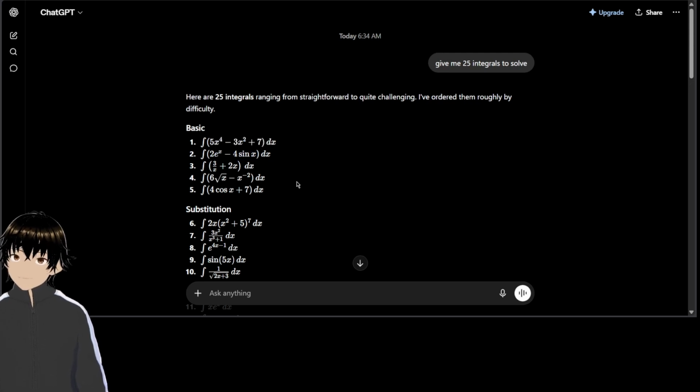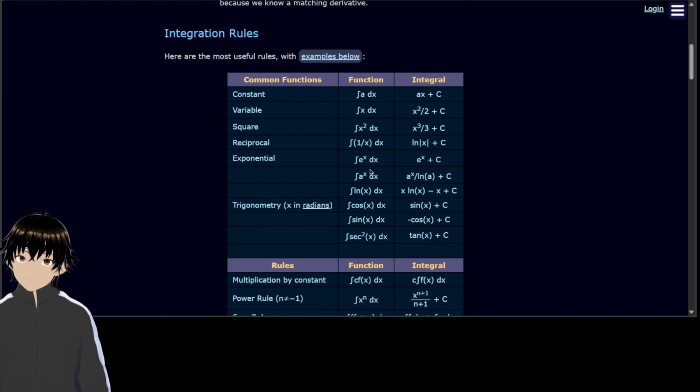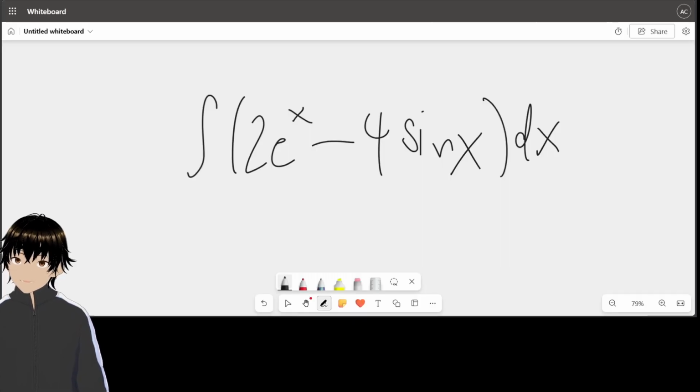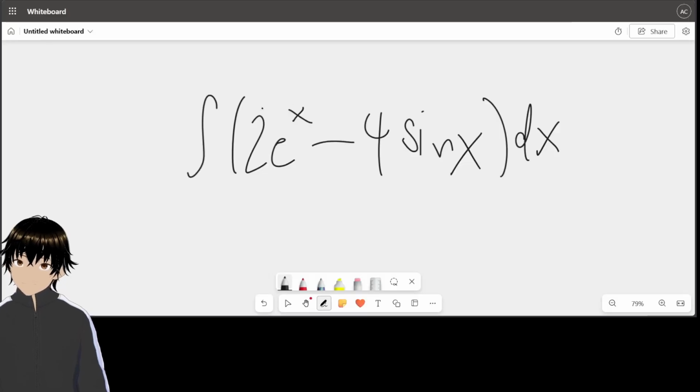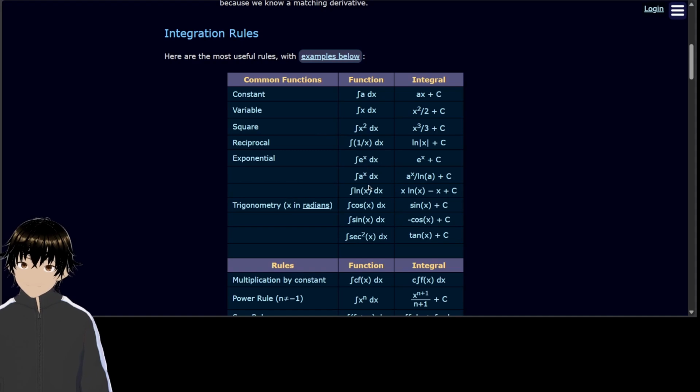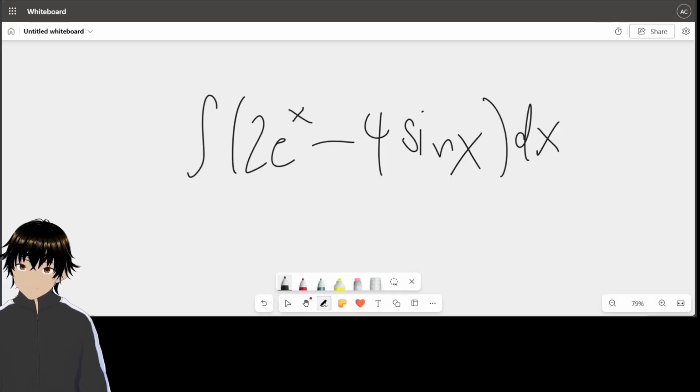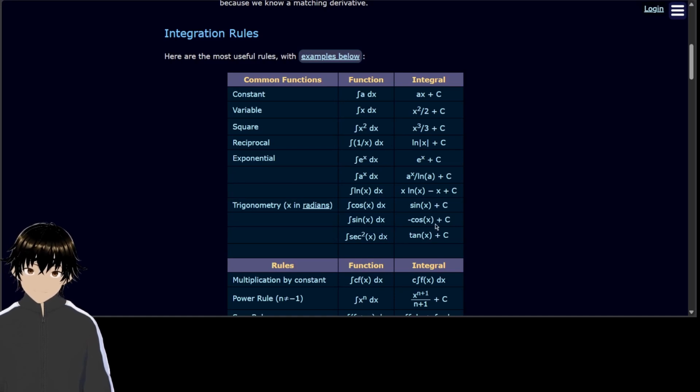You have e^x. It's going to be e^x plus C. Sine x, it's cosine x.